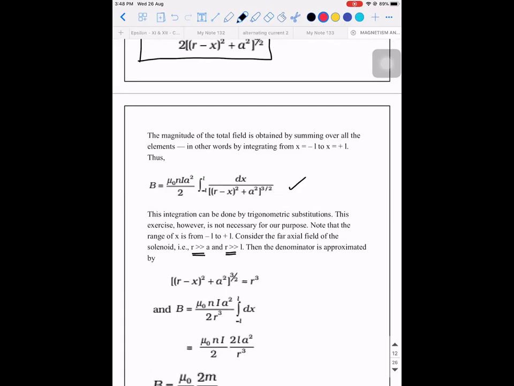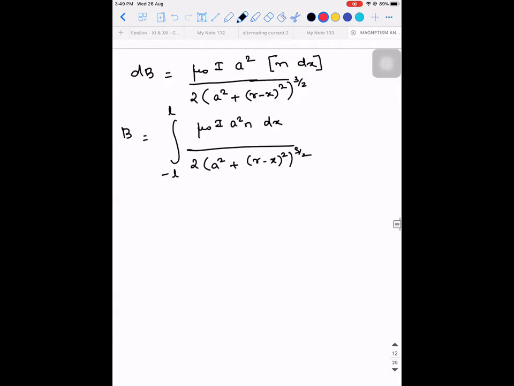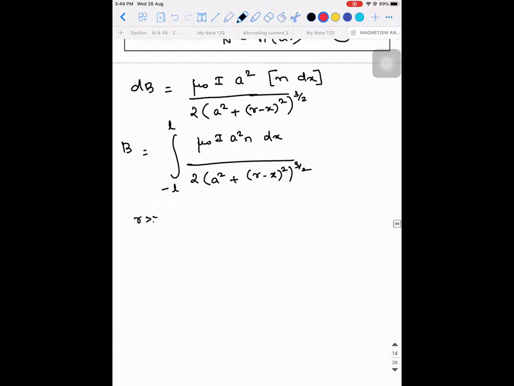In a similar way, here also if it has to be small, then R should be much greater than a and R should be much greater than L. When R is very much greater than a and R is very much greater than L, then a square plus R minus x the whole square, the whole power 3 by 2, is approximated to R square the whole power 3 by 2, which is equal to R cube.